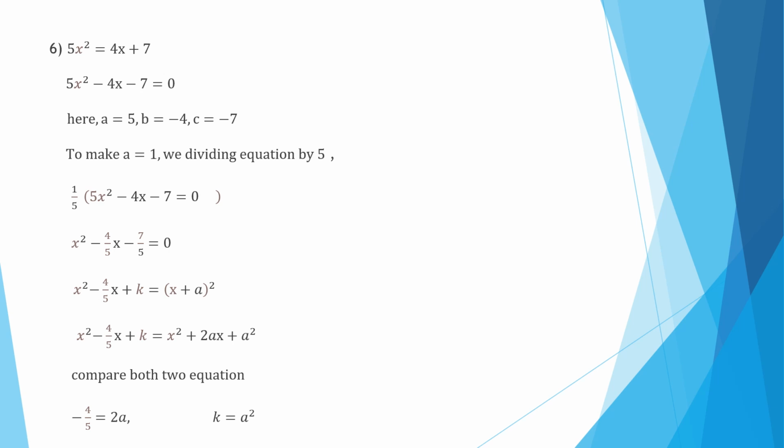We get −4/5 = 2a and k = a². So 2a = −4/5. After solving, we get a = −2/5.